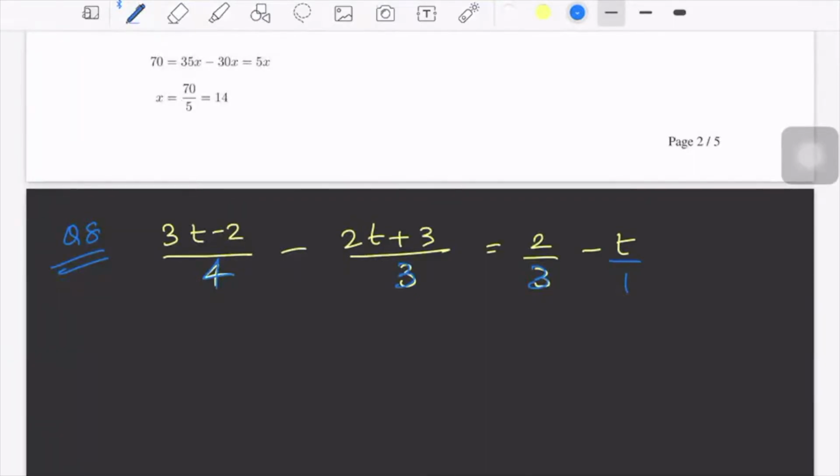What about others? Yes. Olivia, yes. Okay, you do understand what a common multiple is, right?